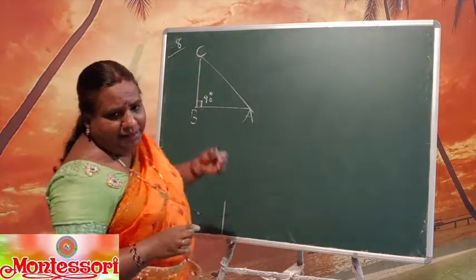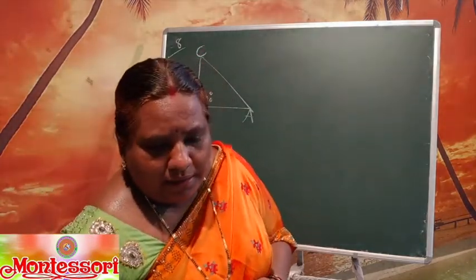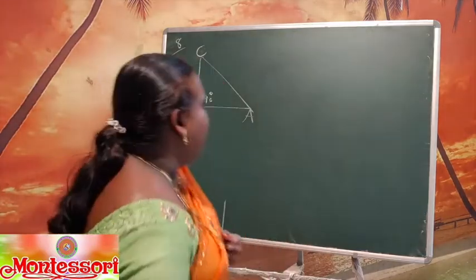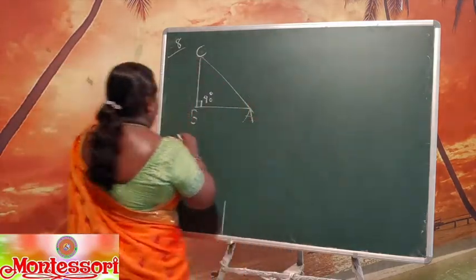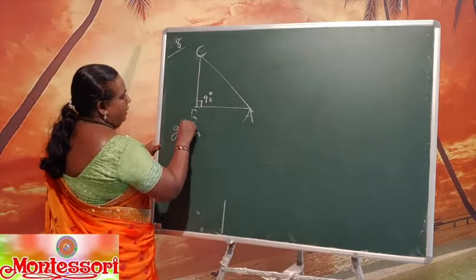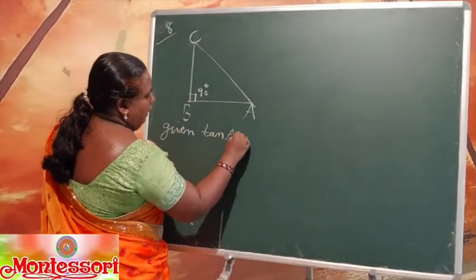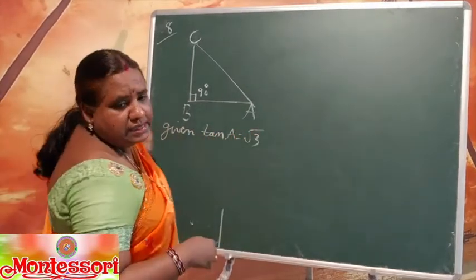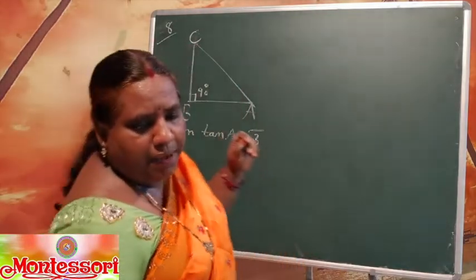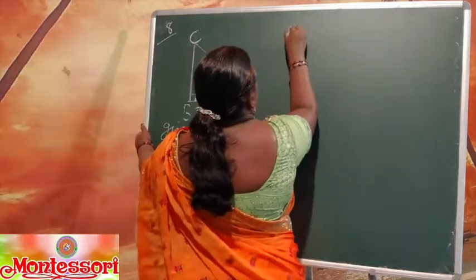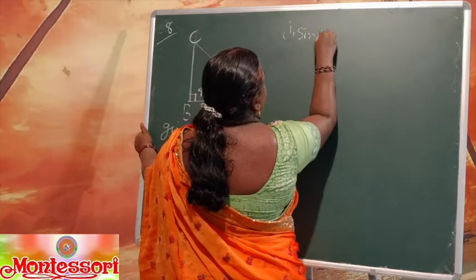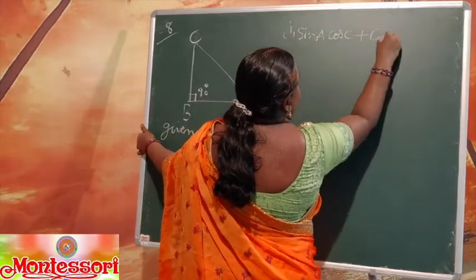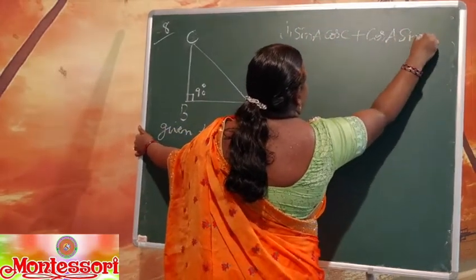Then tan A is equal to root 3. What is given? Tan A is equal to root 3. Then we have to find sin A cos C plus cos A sin C.